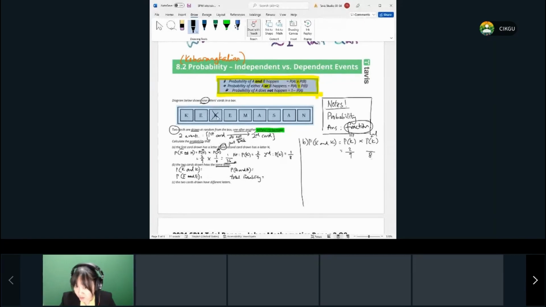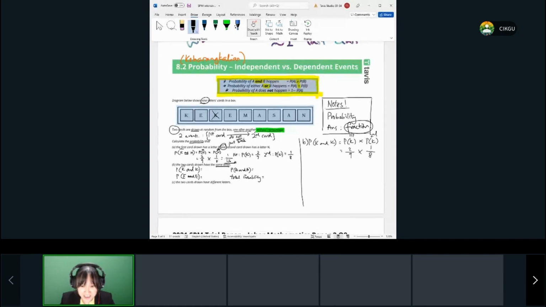How many Ks are left? Only 1 more. So 1 out of 8. Then multiply. If you multiply this, I think you are going to get the same as part A, guys. It's just a coincidence.